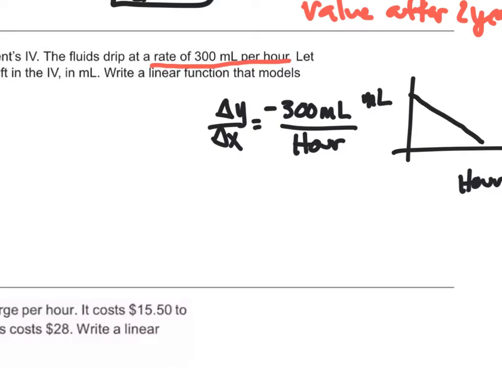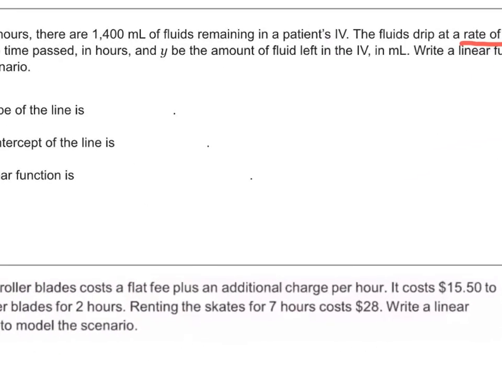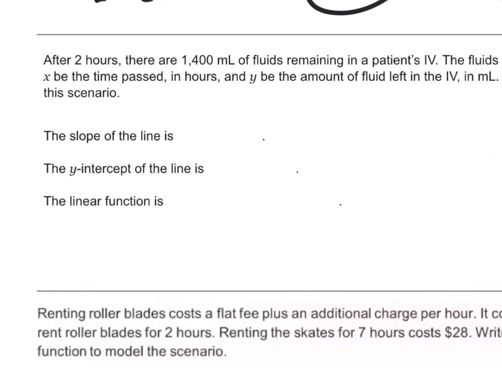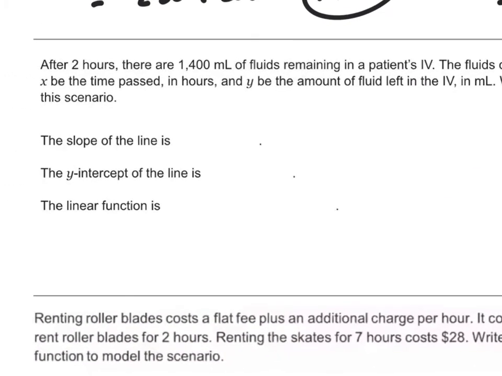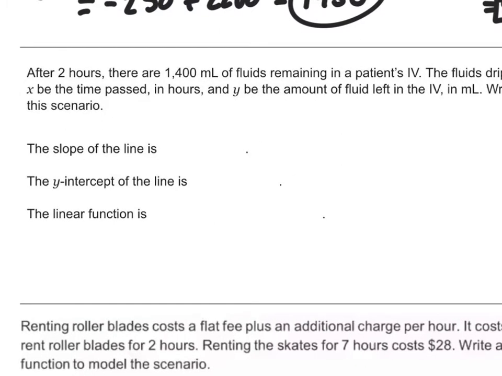And so let's take a look here, and it says that the slope of the line, m, is equal to negative 300 milliliters per hour. I have an x value of 2 hours and a y value of 1,400 milliliters of fluid.